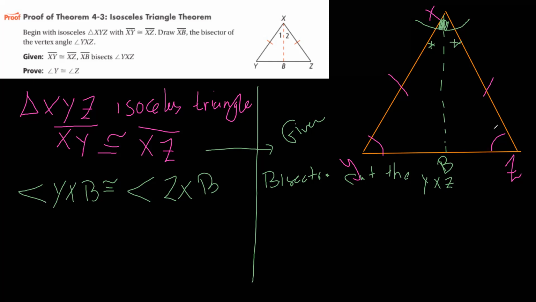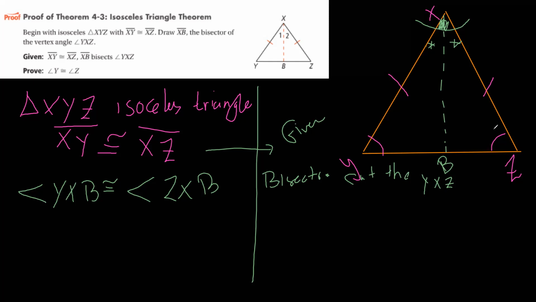So here I want to prove that these two angles are congruent. The question told me that XY is congruent with XZ. And I know from the bisector that this angle and this angle are congruent. So I have a side and an angle. Give me another side or angle that are congruent.